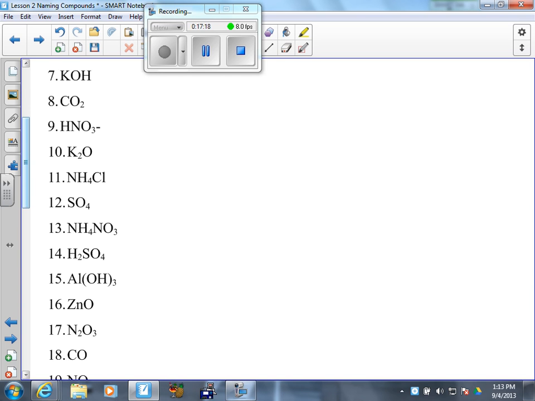So what we have to do is look at our table of polyatomic ions. It just so happens this one is a little extra confusing because it contains the only polyatomic ion that is positive and acts like a metal, and that is NH4. NH4 is on your table of polyatomic ions on the very top left, and it's called ammonium.